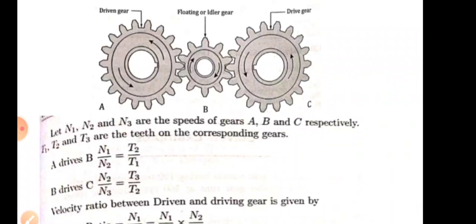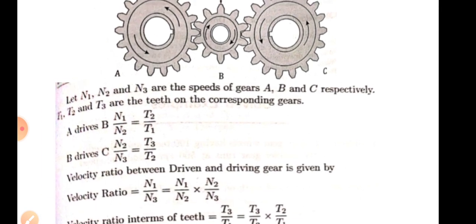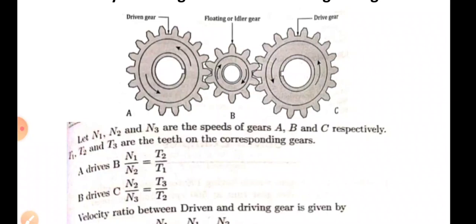Let n1, n2, n3 be the speeds of gears A, B and C respectively, and T1, T2 and T3 the number of teeth on A, B and C respectively. As you can see in the figure, gear A is driving gear B. When gear A rotates, gear B also rotates.